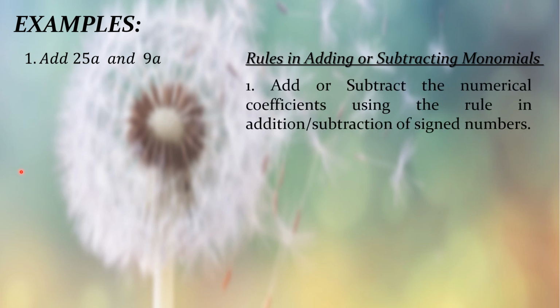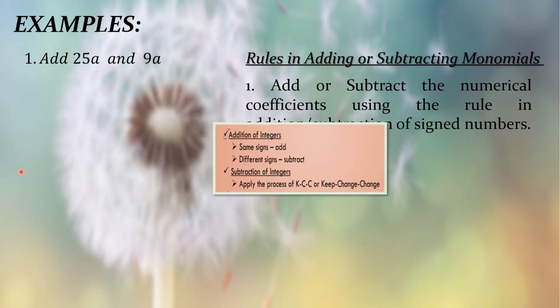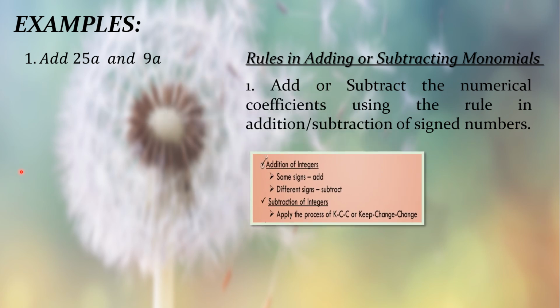So the first step is to add or subtract the numerical coefficients using the rule in addition or subtraction of signed numbers. So i-recall natin paano ba mag-add or mag-subtract ng signed numbers. Kapag sinabing signed numbers, these are the positive and the negative numbers. Heto yung rule for the addition of integers: same signs, kapag parehong positive, add, kapag parehong negative, add.